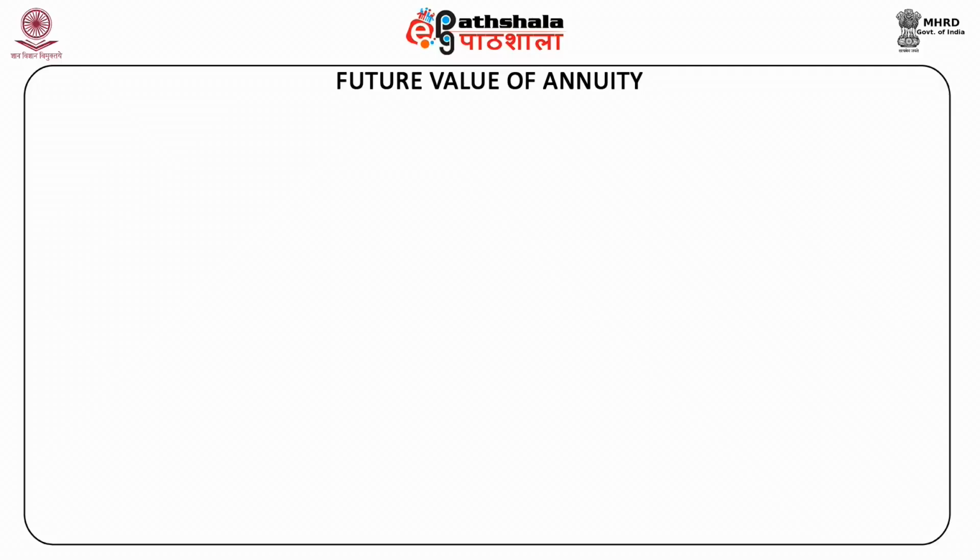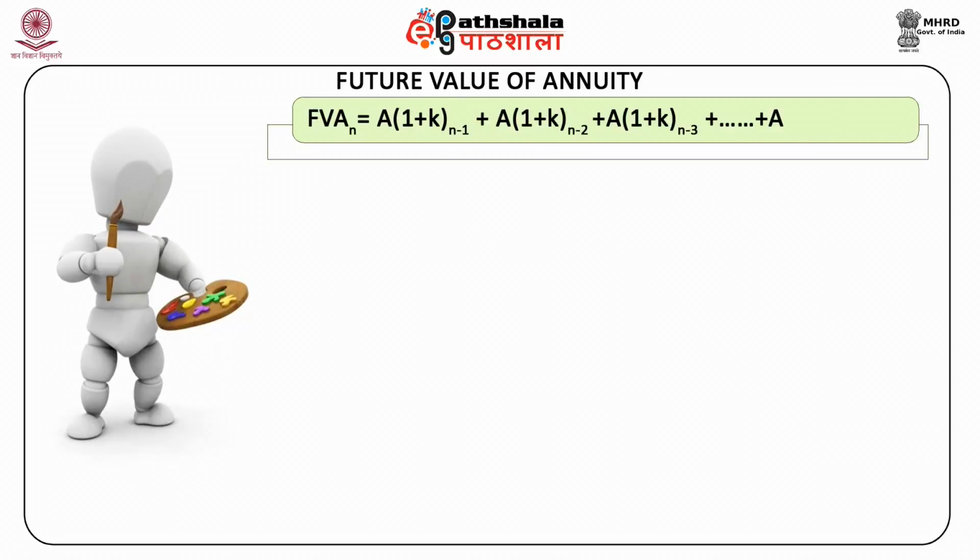The future value of a regular annuity for n years at k rate of interest is FVAn equal to A multiplied by (1 plus k) raised to power n minus 1, plus A multiplied by (1 plus k) raised to power n minus 2, plus A multiplied by (1 plus k) raised to power n minus 3, and so on, plus A.